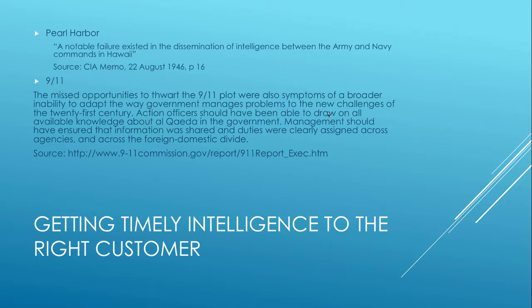There are two instances in our history that stand out, partially because of the dissemination problem: the inability to get the right intelligence to the right consumer at the right time. In both instances, the intelligence community had the intelligence it needed that indicated enemy activity.